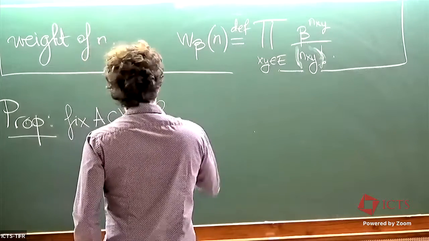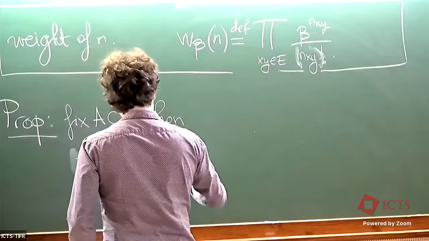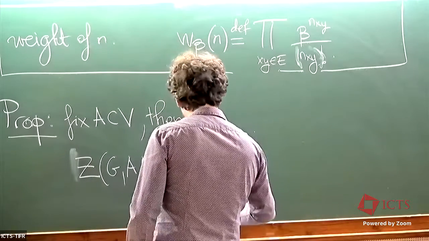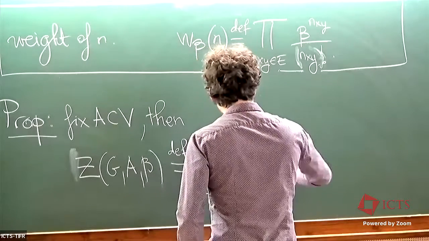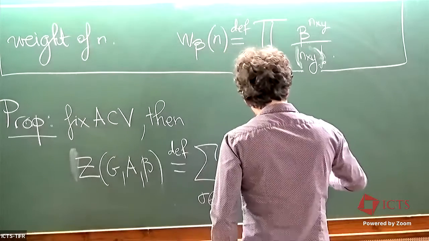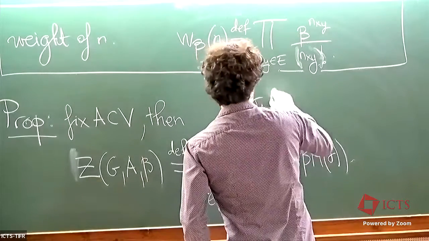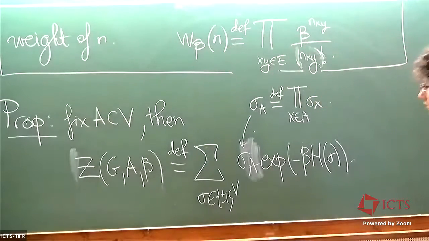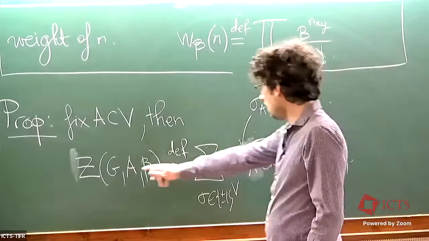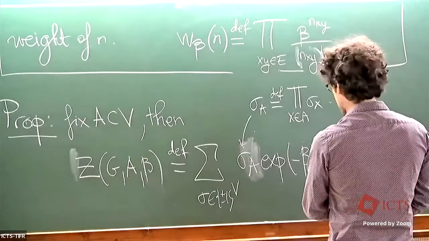Then if I look at what I will call Z_{G,A}(beta), which I define as the sum over all sigma of sigma_A times exponential of minus beta H(sigma), where sigma_A is a convenient notation we will use a lot for the product of the spins on the set A. So Z_{G,A}(beta) is the unnormalized average against sigma_A.